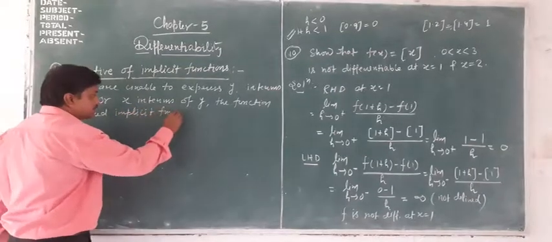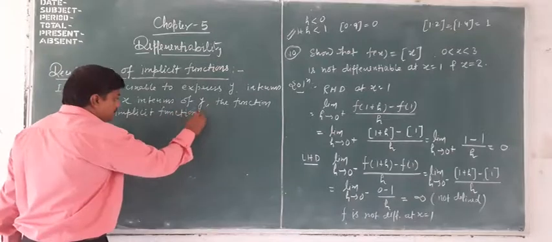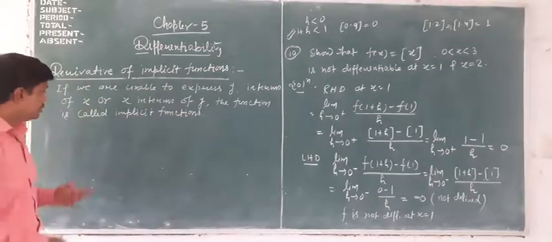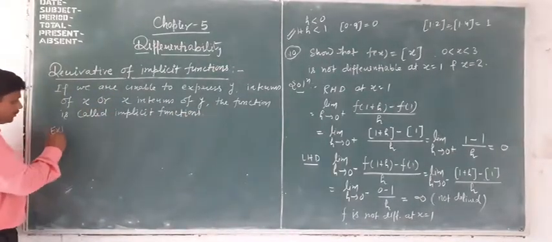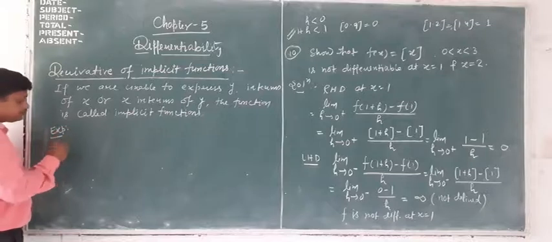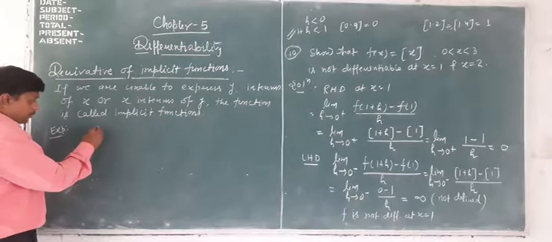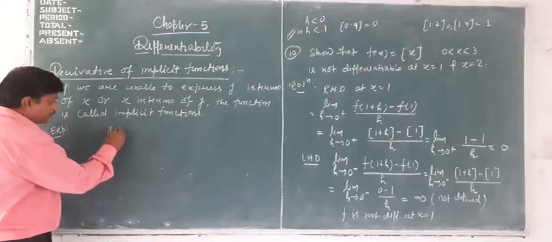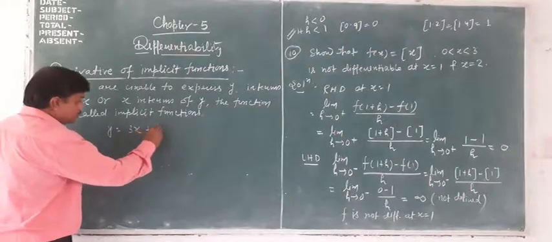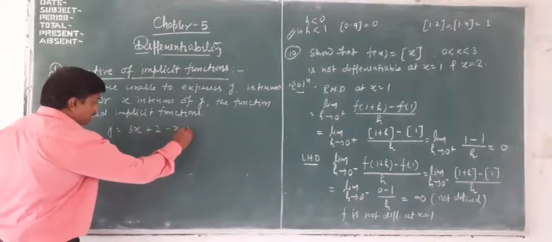Otherwise, it is called an explicit function. For example, I will give you one example. Suppose y equal to 3x plus 2 minus x.